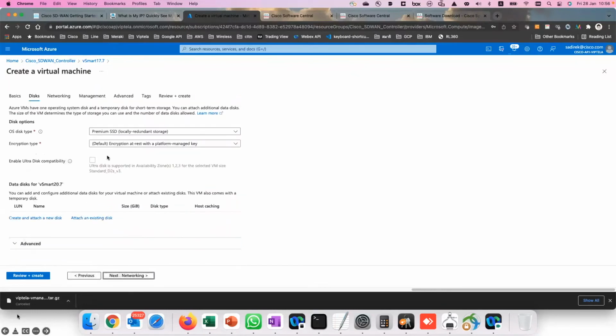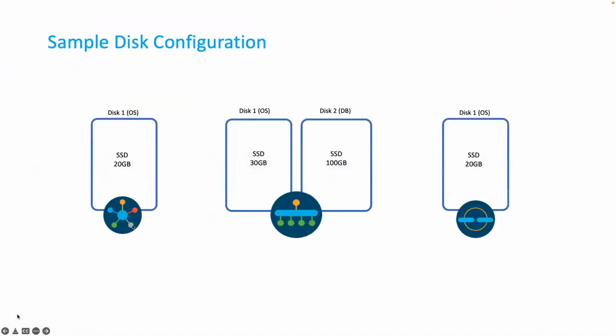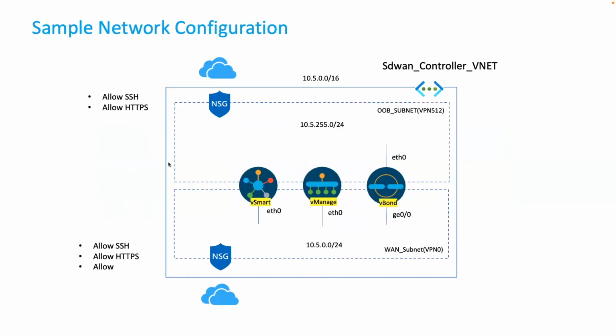The disk, you do not need to have another disk for the vSmart because if you look at the diagram here, the vSmart has only one disk, which is already provided by the image itself. So for the vSmart, you don't need to do anything. And also the interface of the vSmart, it requires only one interface facing the VPN 0. So you don't need to add another interface, okay?